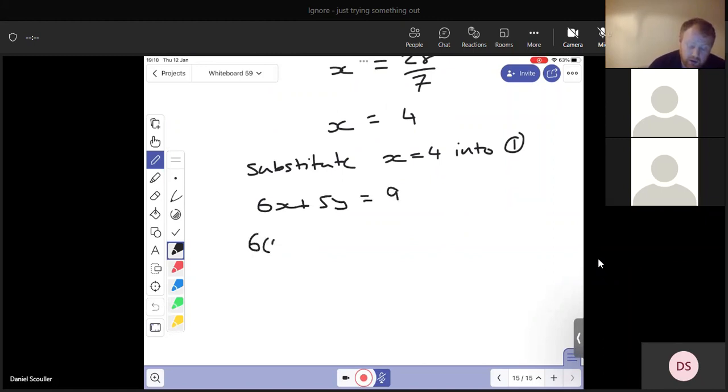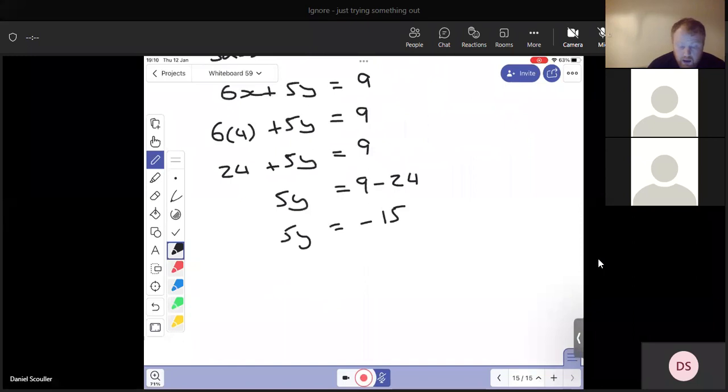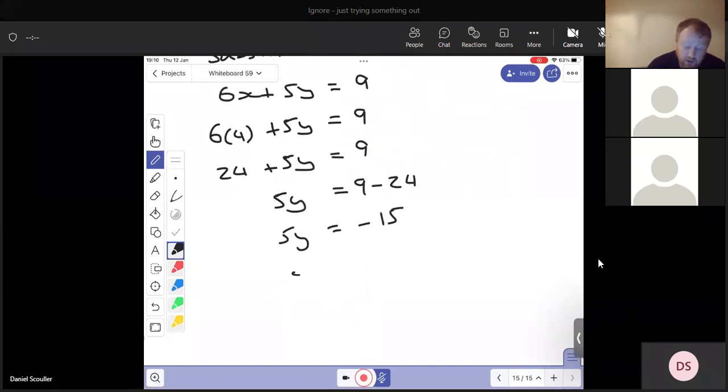Substituting the number 4 into that, 6 times 4 is 24. Nine minus 24 is minus 15. y is minus 15 over 5. y is equal to negative 3.